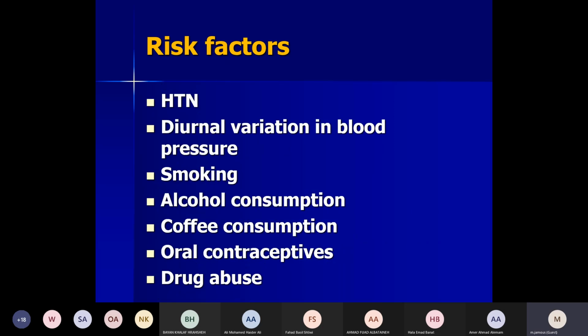We have some risk factors for the development of the aneurysm, like hypertension or diurnal variation in blood pressure, smoking, alcohol consumption, coffee consumption, the use of oral contraceptive pill, and drug abuse in case of mycotic or infectious aneurysm.